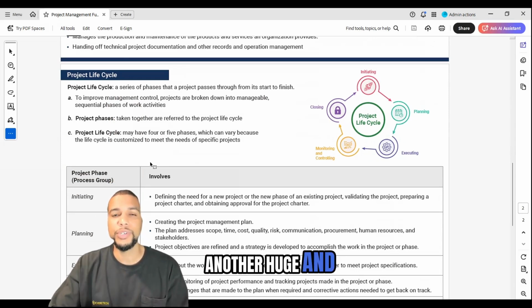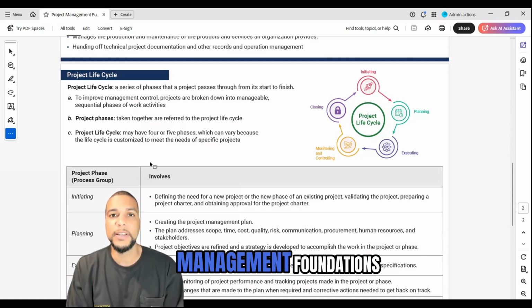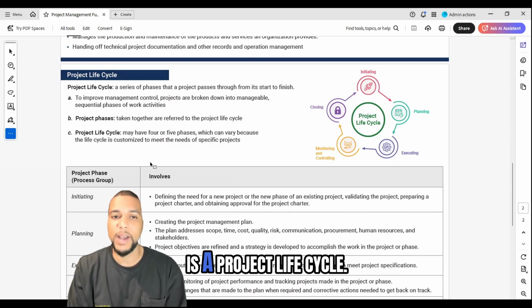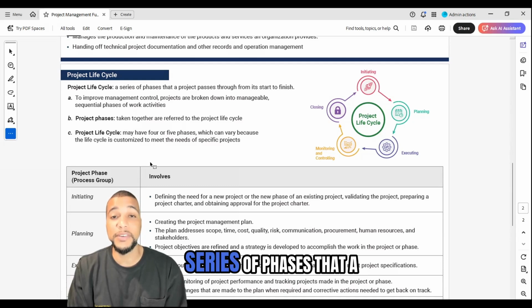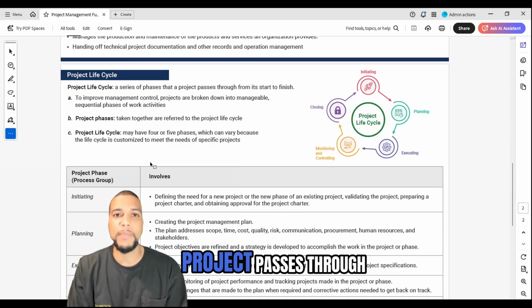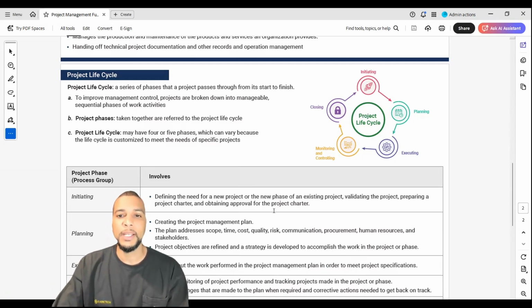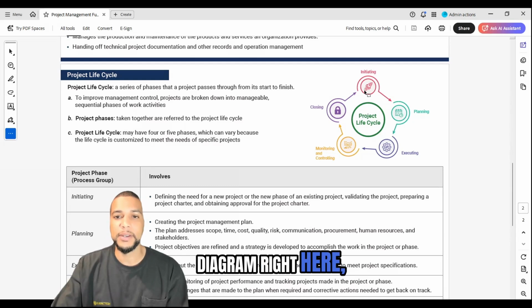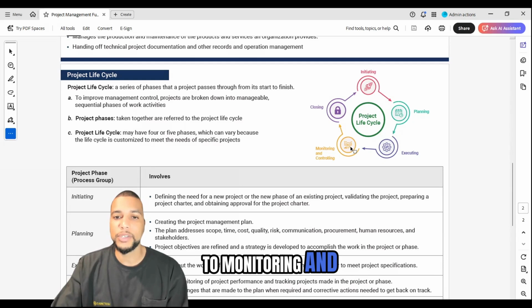Another huge and critical topic area within project management foundations is the project life cycle. A project life cycle is a series of phases that a project passes through from start to finish. You can see in this diagram right here, you go through a series of phases, whether it be initiating, to planning, to executing, to monitoring and controlling, and to closing.